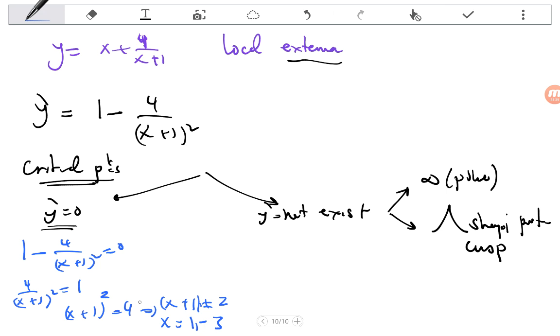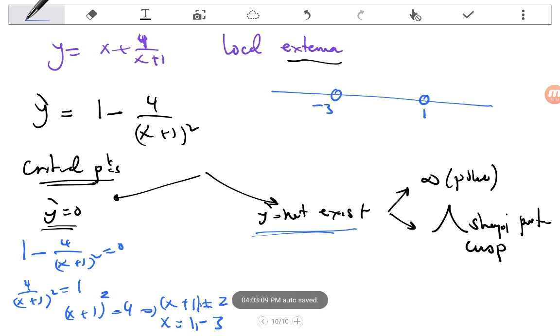Okay, so these are the zeros of y dash. We need to study the sign of y dash, so we have 1 and negative 3. Okay, any other points for which y dash is not existent? Yes. Do you have a pole in this case? Yes, we have a pole.